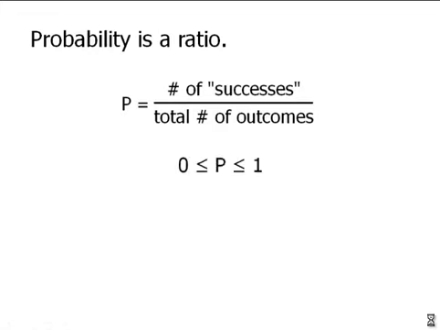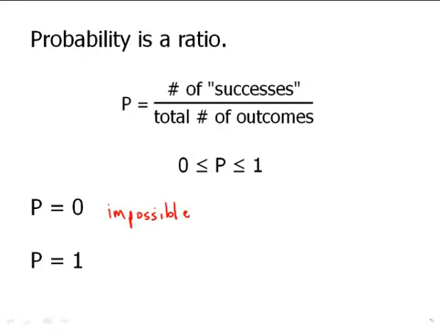Now notice that probability has to be between 1 or 0. It could be 1 or 0 or somewhere in between, but it can't be outside of that range. And in particular, if the probability is 0, that means the number of successes is 0. No matter how many times you try, you're going to get 0 successes. So in other words, this means that success is impossible.